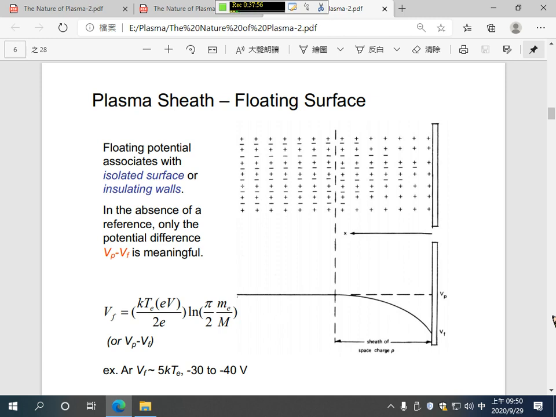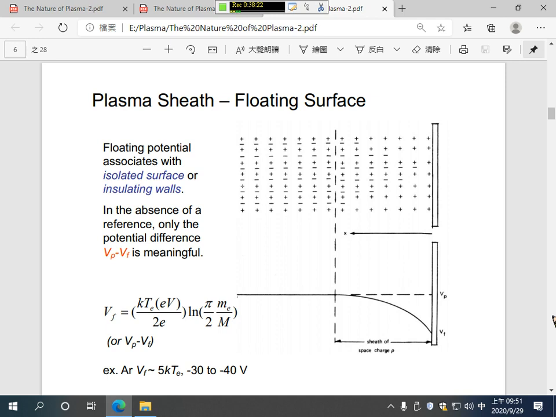So the potential of plasma is positive, and the potential of this insulator surface or plastic surface becomes negative, even though the plastic is not grounded, okay? So there's a potential difference between plastic and plasma.